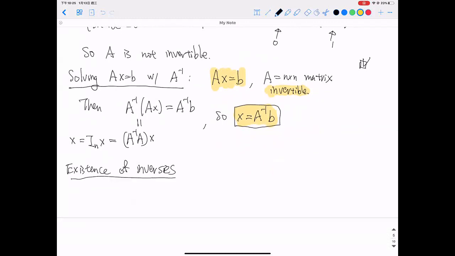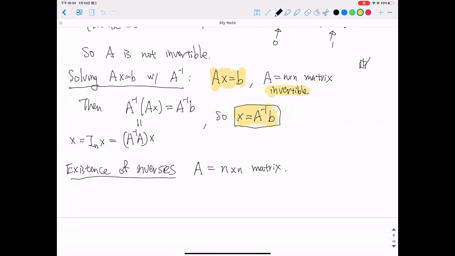Now we can launch a more general discussion about existence of A inverses. The approach is going to be somewhat computational. Let's say A is an n by n matrix.